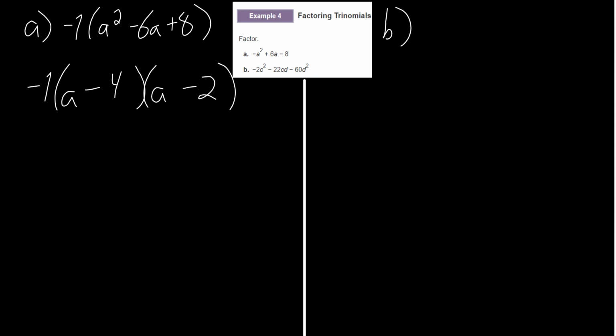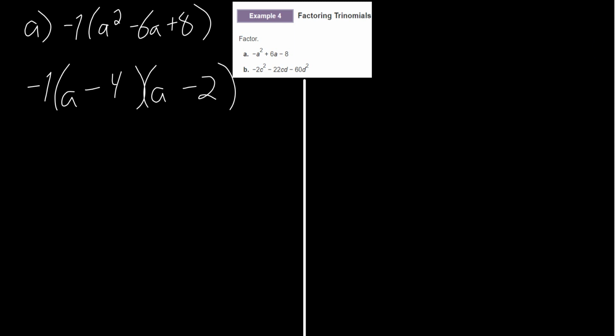So we're going to do the same thing. We're going to factor out a negative 1. And what remains, we have a 2c squared plus 22cd. I'm going to write it a little bit underneath it. Again, the recording, whenever I put this on YouTube, it cuts off right here at that gray line, so I want to keep that a part of it.